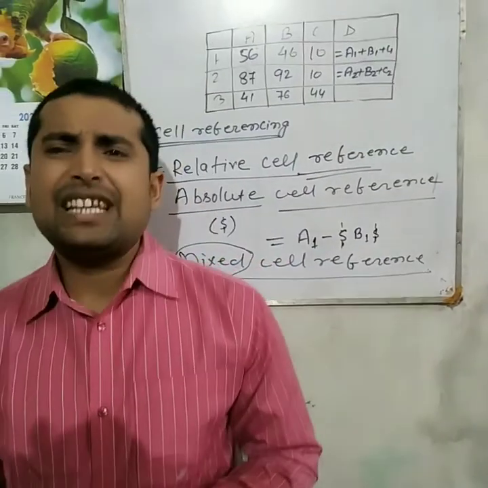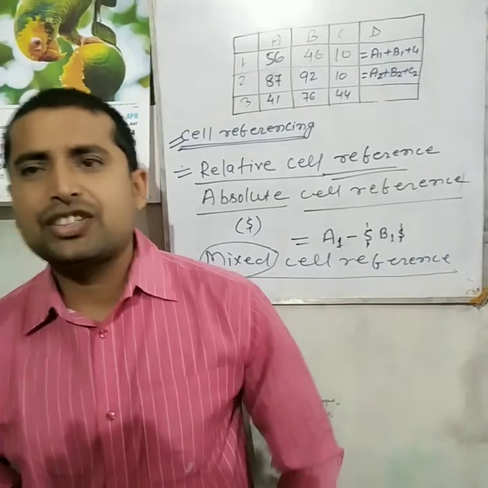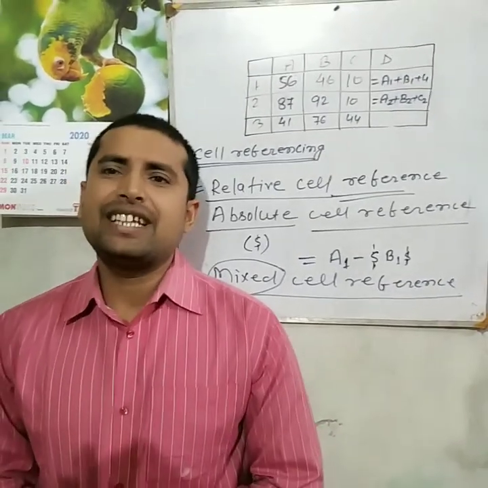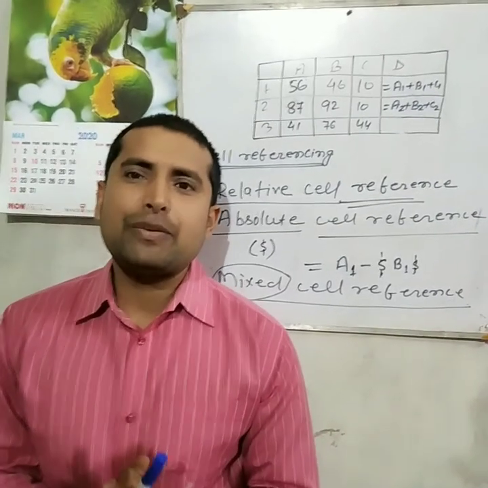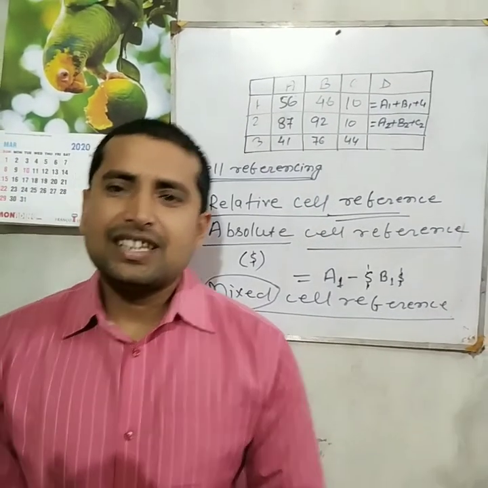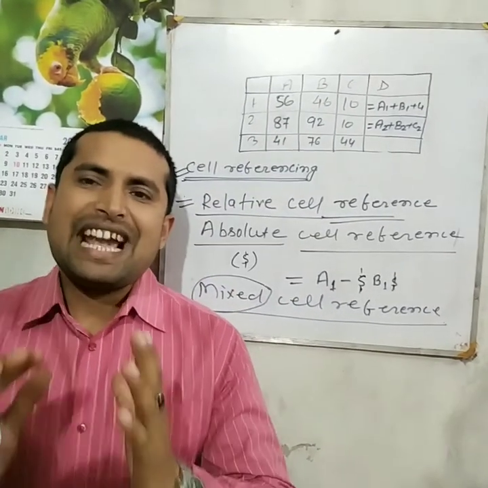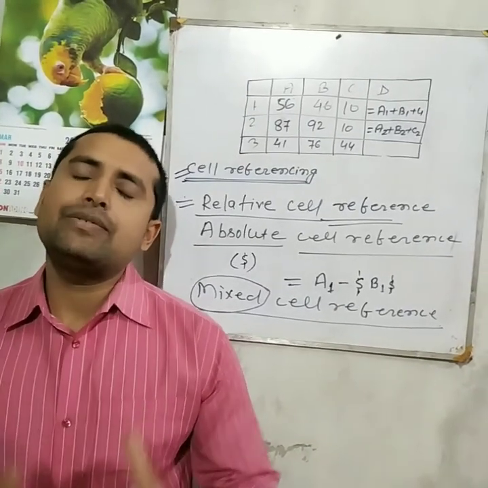A mixed cell reference is a combination of relative and absolute column and row references. To create a mixed reference, you type the dollar sign either before the column heading or before the row heading. So when you enter a cell reference in a formula, by default Excel assumes it is a relative reference.